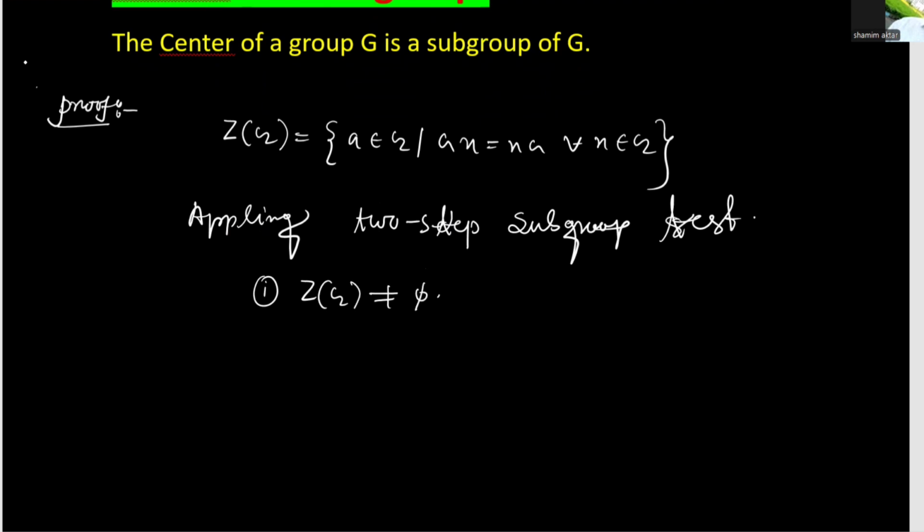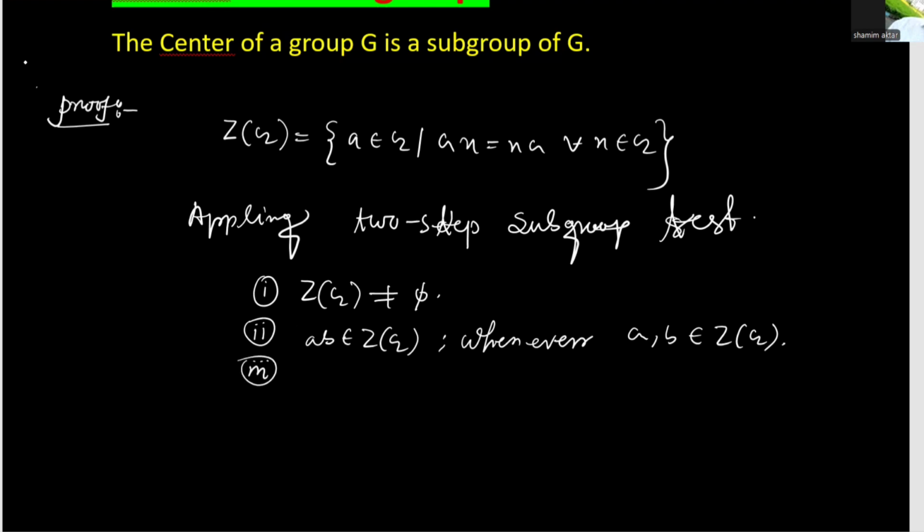Okay, and secondly we show ab belongs to the center of G whenever a and b belong to the center of G. Okay, and thirdly we show a inverse belongs to the center of G whenever a belongs to Z(G).